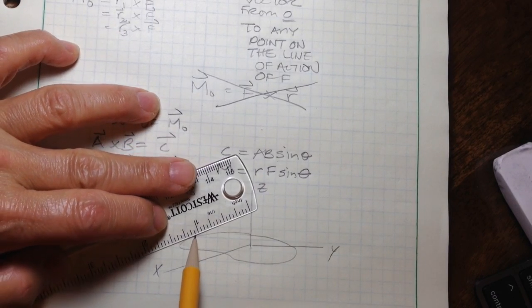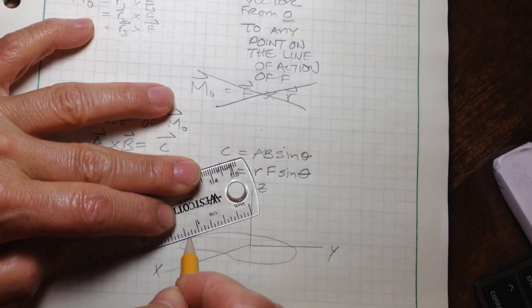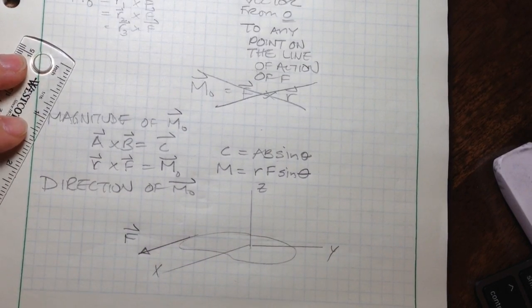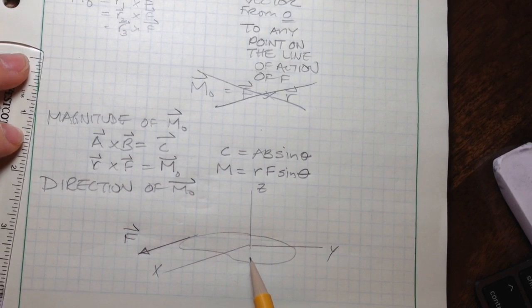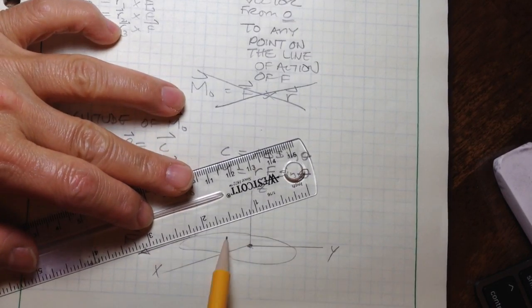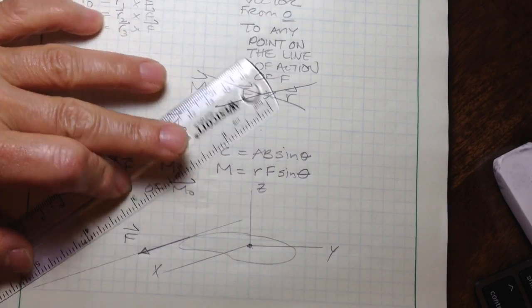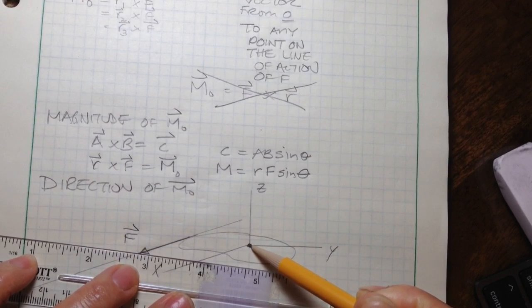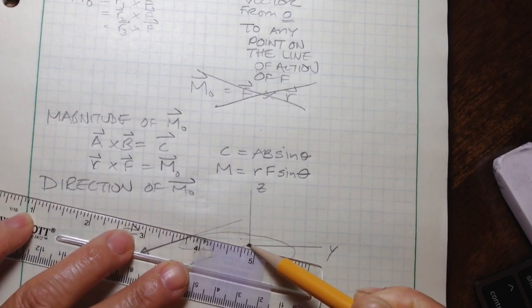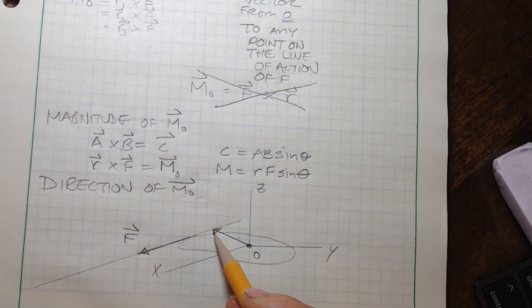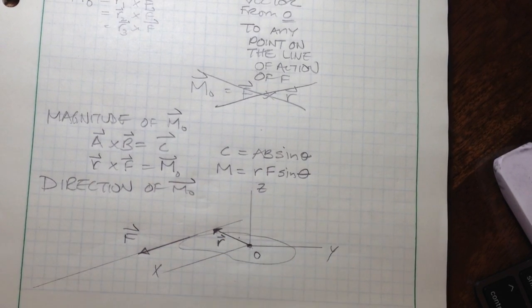A force is applied as such. And now what I want to know is what is the moment of this force about point O. I can now draw the line of action of that force, draw any vector from this point of rotation to any point along the line of action of F, and I get this.